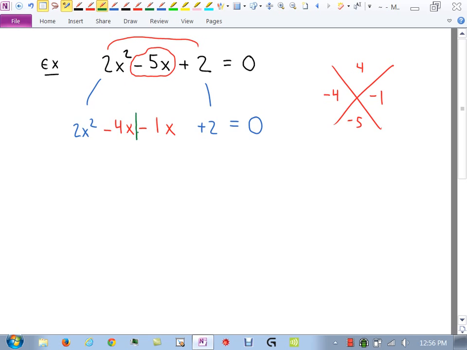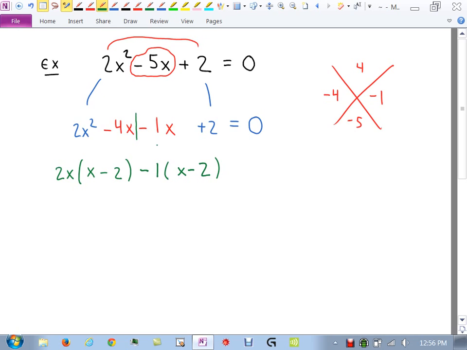What factors out of the first two terms? 2x. I'm left with x minus 2, right? In order for grouping to work, I need that to match over here, so I put x minus 2 again. Now, how do I turn x into negative x? Negative 1?